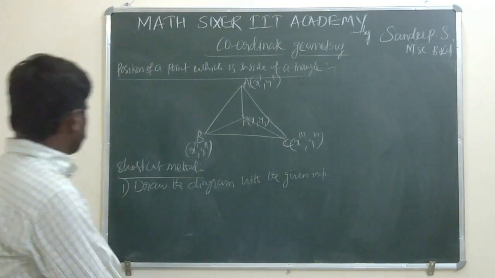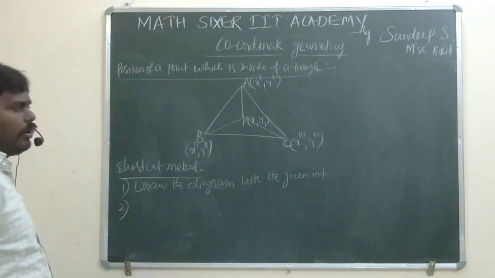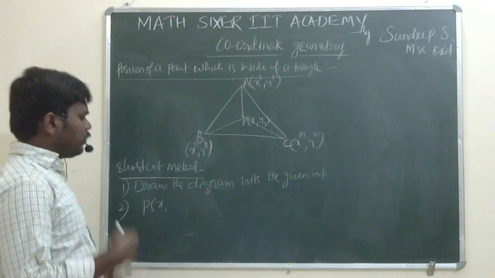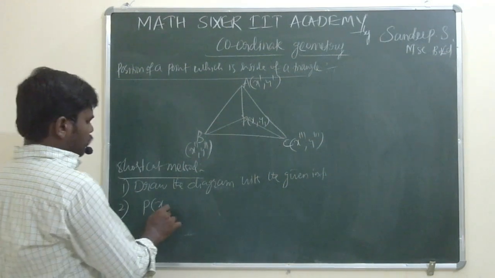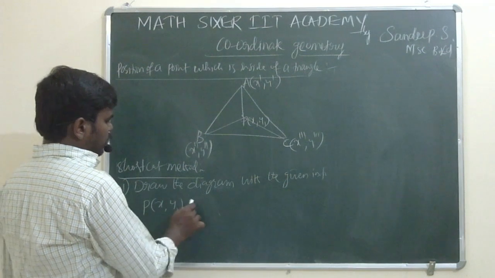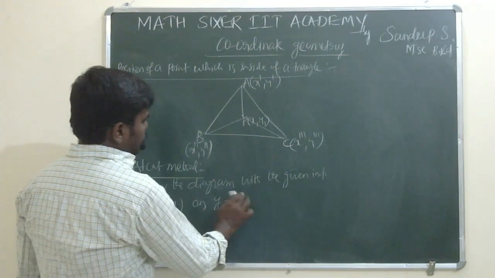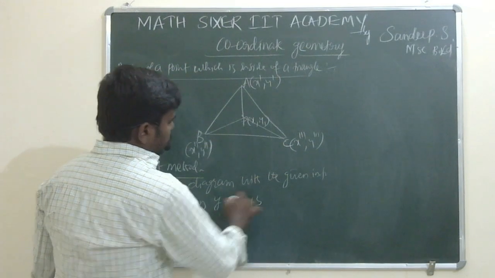Second, we have to take the moving point P of x1 comma y1 on the line y is equals to ax plus b.